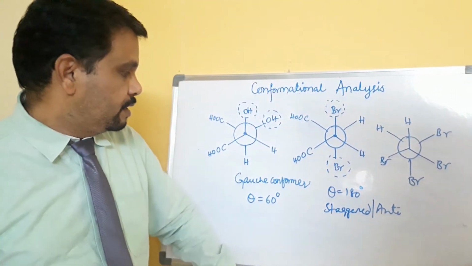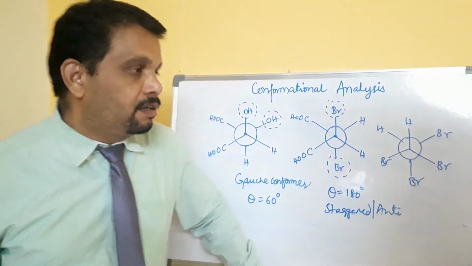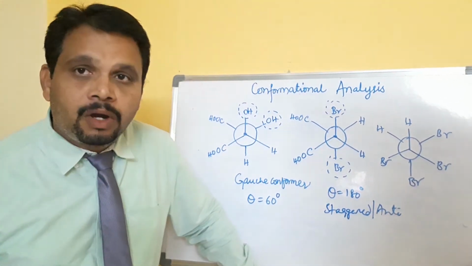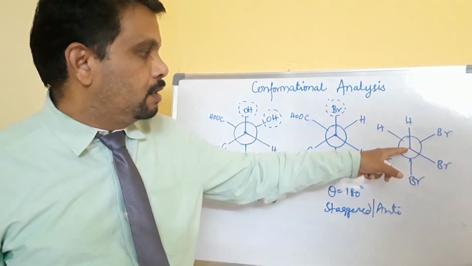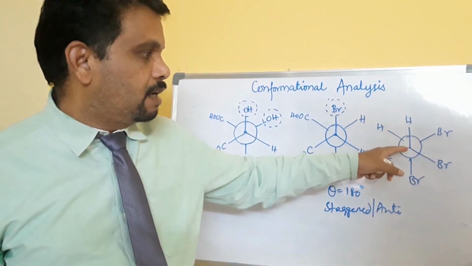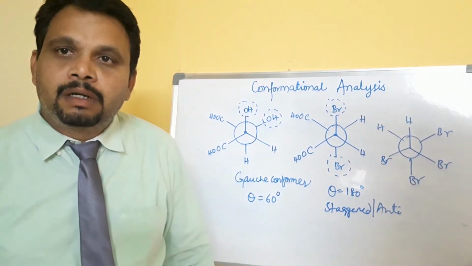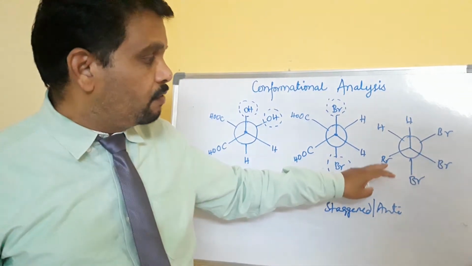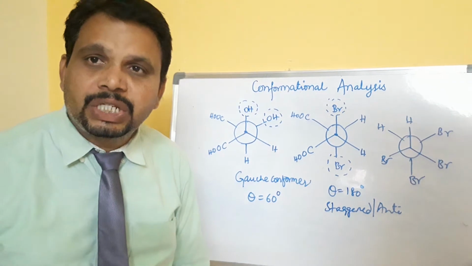Whether it is gauche conformer or anti-conformer, how can you decide? On two adjacent carbons there are two bromines and one hydrogen, so there are four bromine atoms in total.